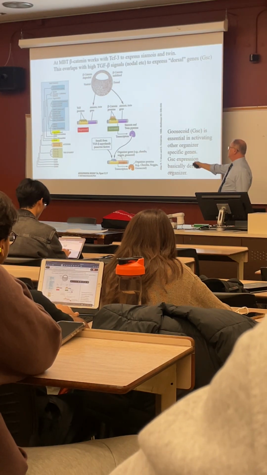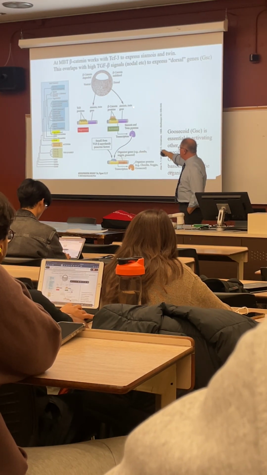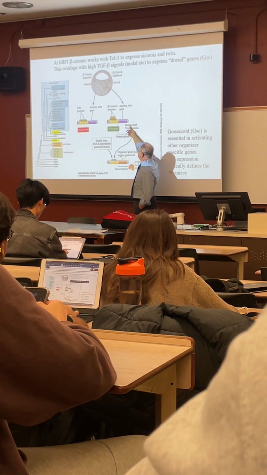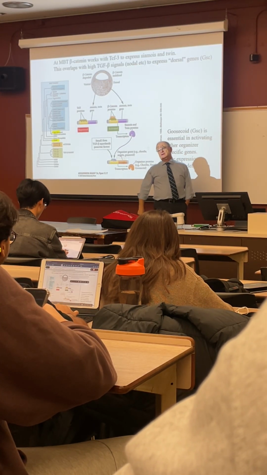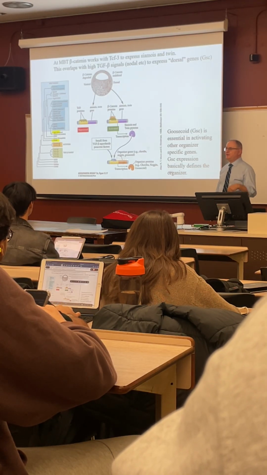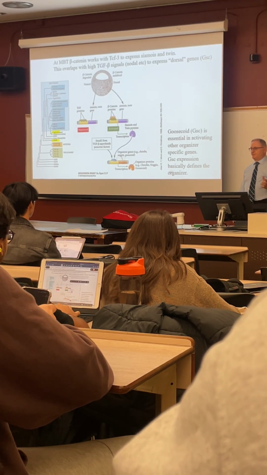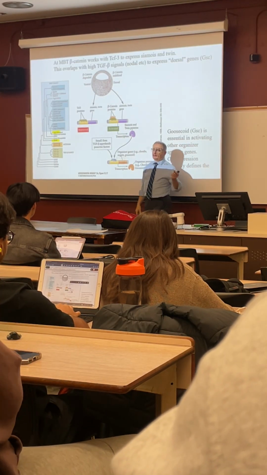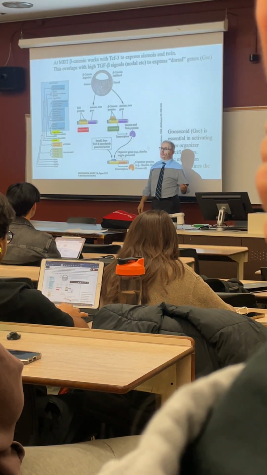One of the first dorsal genes activated is a gene, two very similar genes, one called Siamois and another one called Twin. From the name, like Siamese twins and twin, these proteins are involved in early axis formation. Just like beta-catenin, if you take beta-catenin and inject it into another embryo, you can form another dorsal axis.